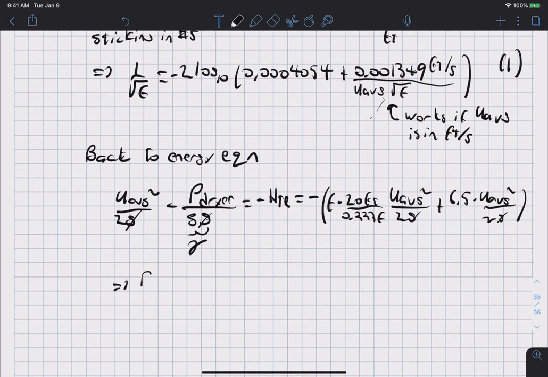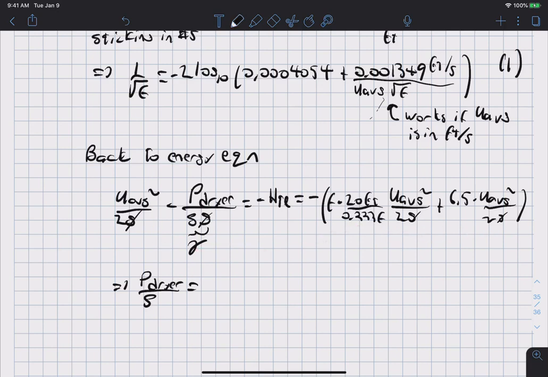This implies that P dryer over rho equals, and I'm going to move P dryer to the other side, and move this head loss over to this side.